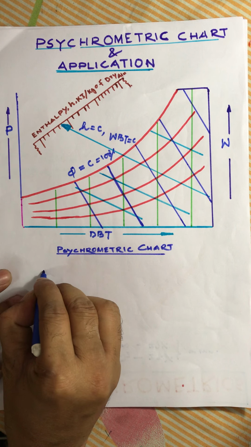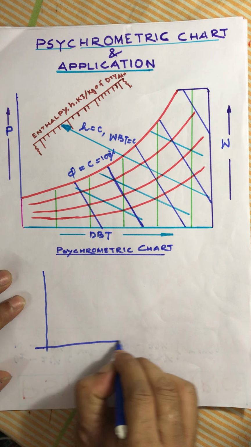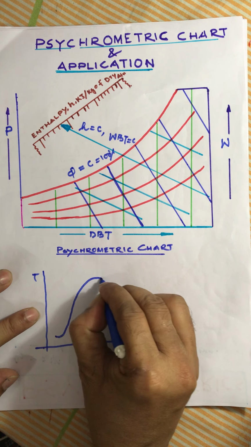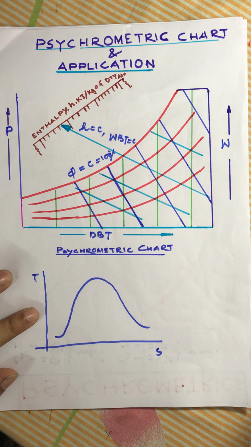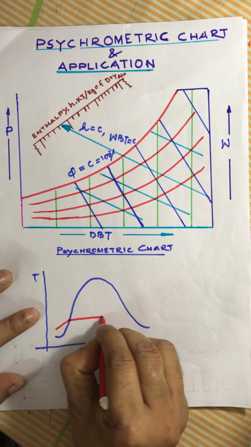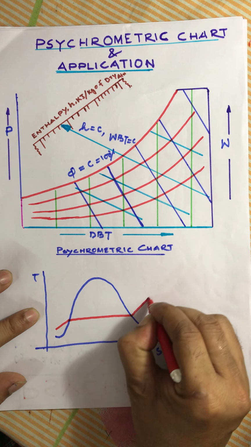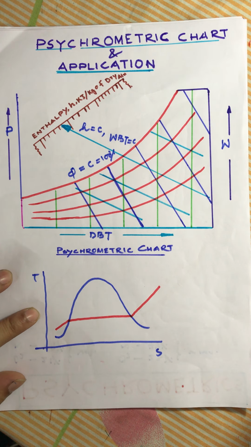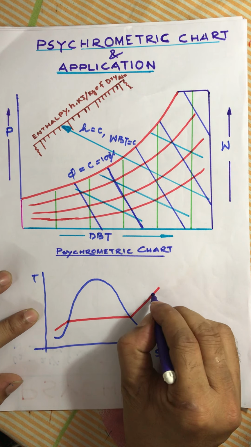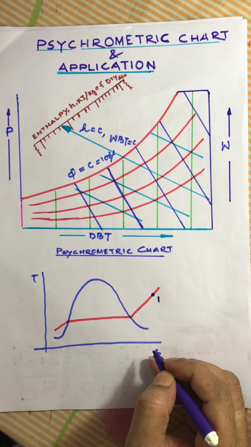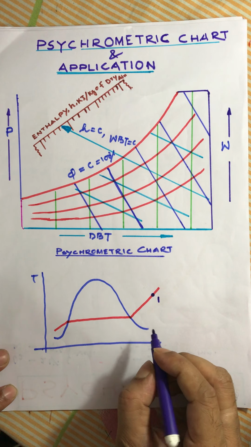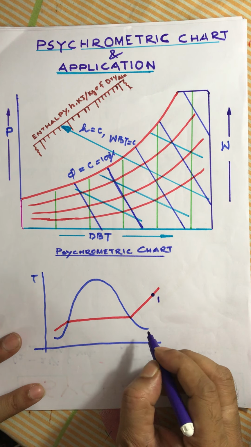If this is a T-S diagram, and this is a constant pressure line, and if you consider this is the initial state 1 of the mixture, where water vapor is superheated and the mixture is unsaturated.